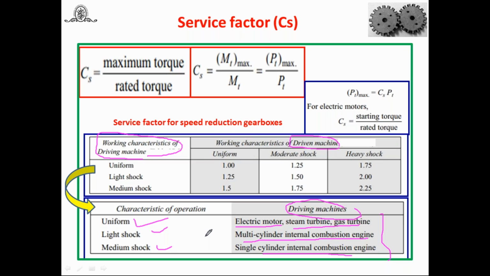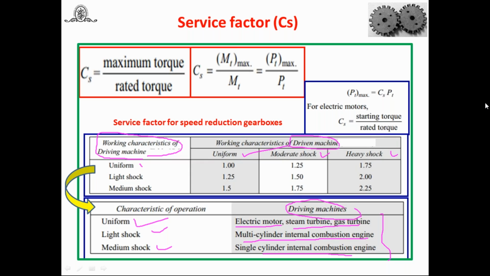Similarly, which prime mover is used for which driven machine. Driven machine means, suppose an industrial gearbox which is used to run machines such as compressors or concrete mixers, many applications of industrial gearbox, you know very well. Again, what is the condition, whether it is a uniform load condition, moderate shock or heavy shock?